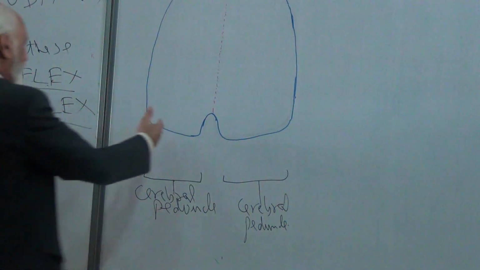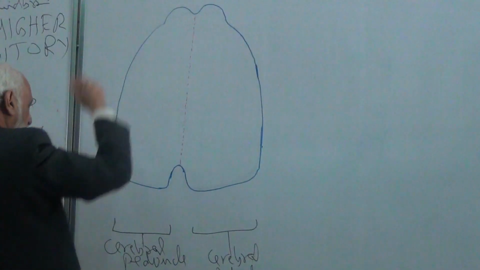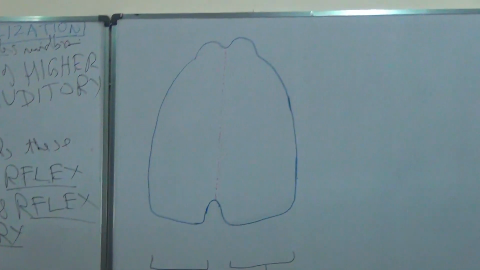Now each cerebral peduncle, from before backward, comprises different parts.